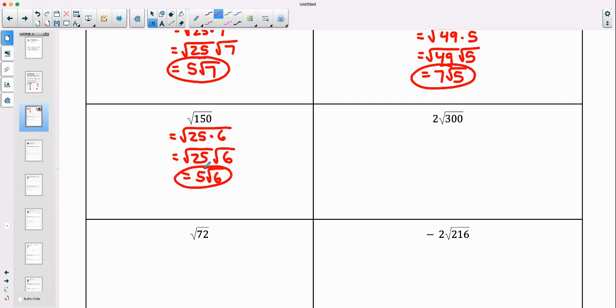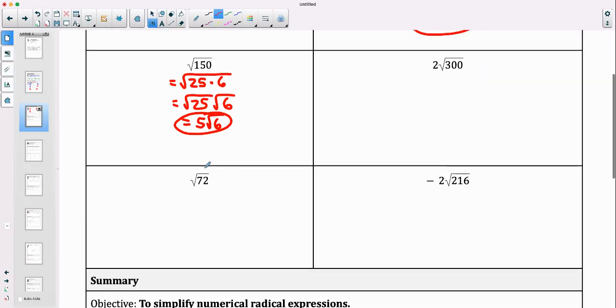And then, like I said, before we do the ones with the number out front, let's look at square root of 72. I'll come back to it. So there's a few options for 72. So let's talk about that. This is a good one to look at, because the perfect square of 4 goes into 72 18 times.